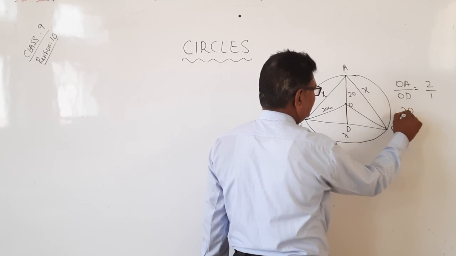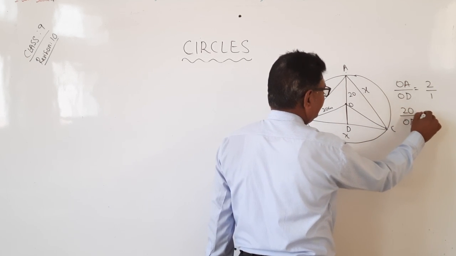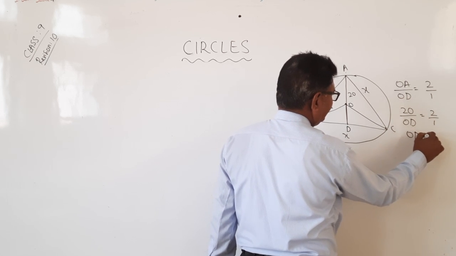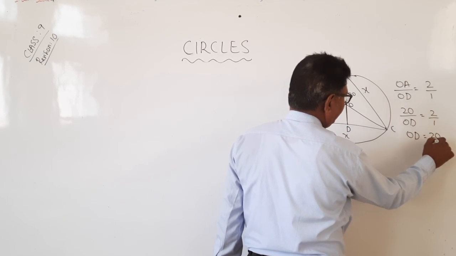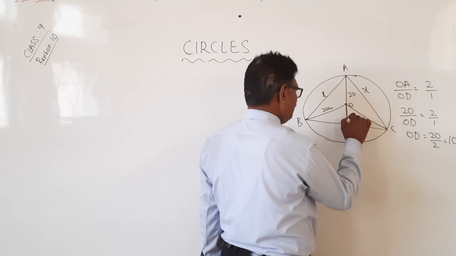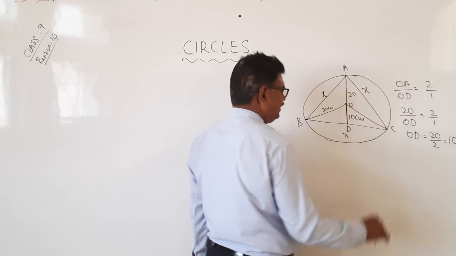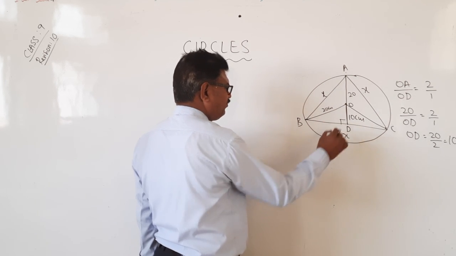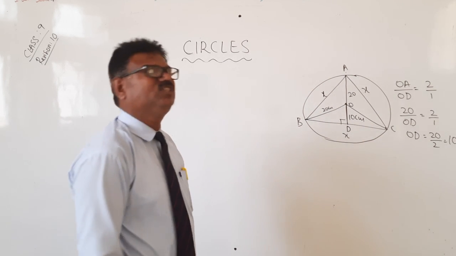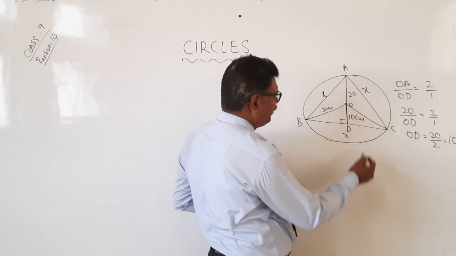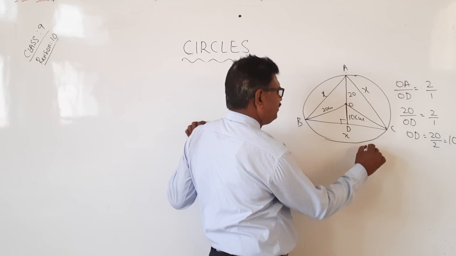OA is 20, so 20 by OD is equal to 2 by 1. Therefore, OD is equal to 20 by 2, which is 10 centimeters. Therefore, OD is 10 centimeters. Since it is a perpendicular, we can use Pythagoras theorem.